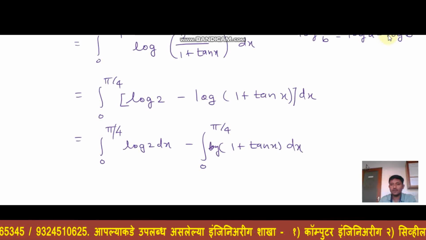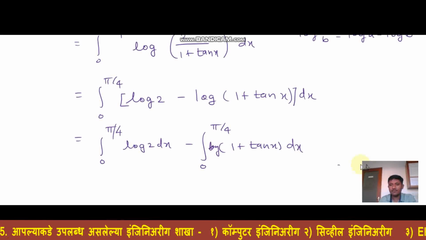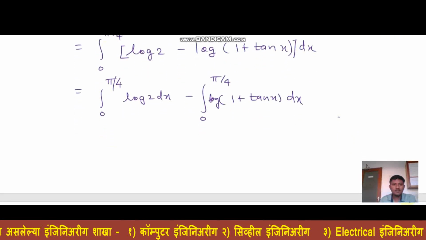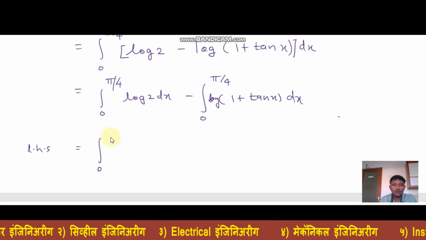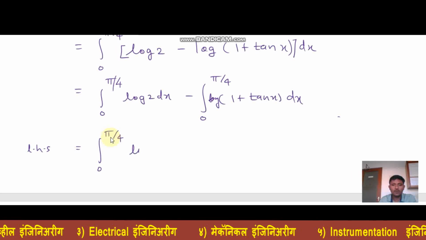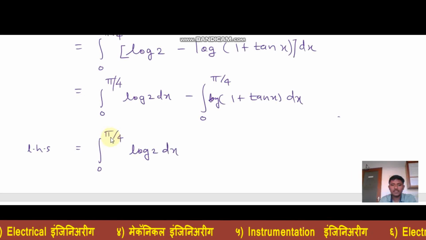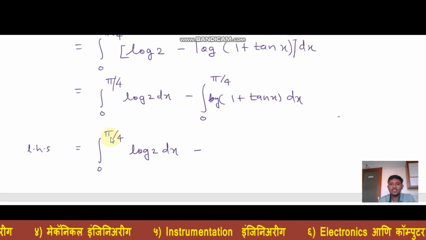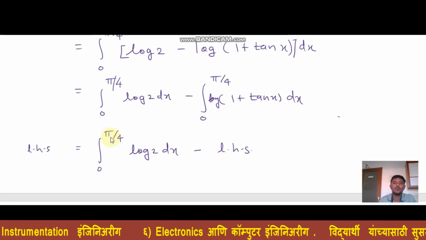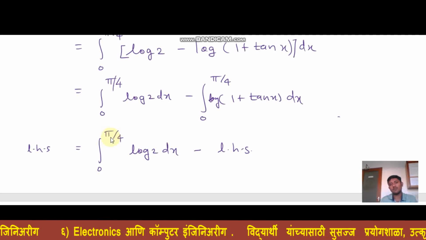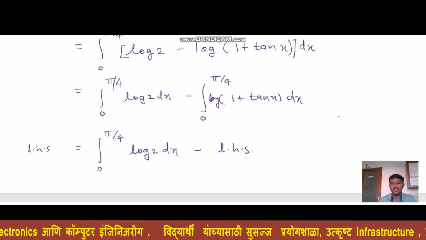And we know that we have just mentioned LHS equal to integral 0 to pi by 4 log of 2 dx minus, actually this thing is also LHS, because we have just considered LHS to be integral 0 to pi by 4 log of 1 plus tan x into dx. So this is LHS.